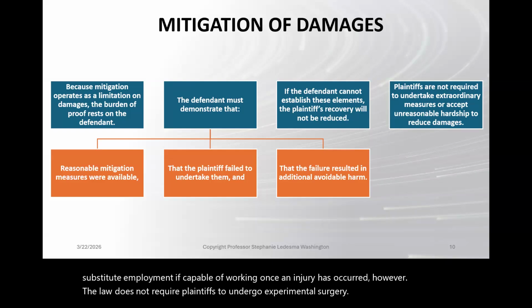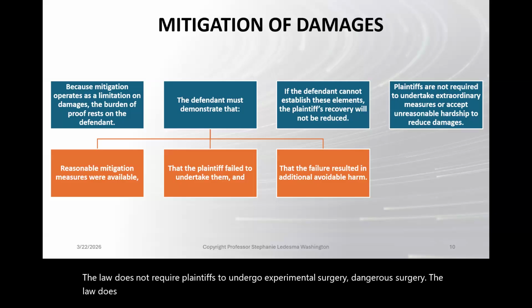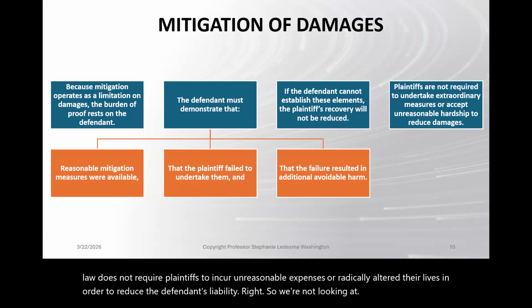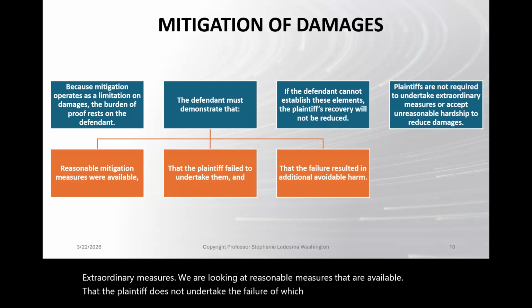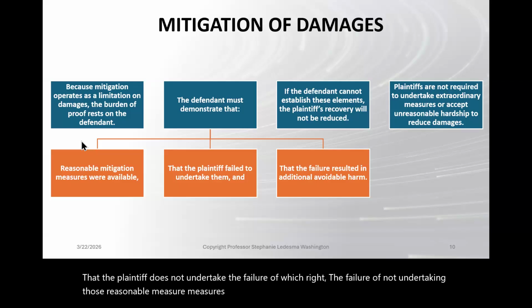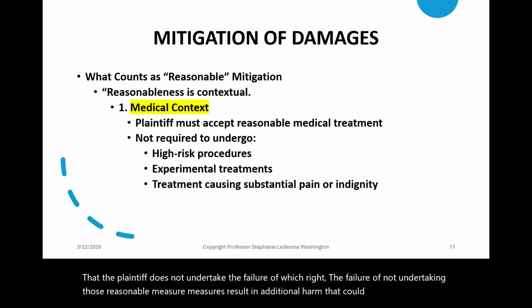The law does not require plaintiffs to incur unreasonable expenses or radically alter their lives in order to reduce the defendant's liability, right? So we're not looking at extraordinary measures. We are looking at reasonable measures that are available that the plaintiff does not undertake, the failure of which results in additional harm that could have been avoided. Got it?